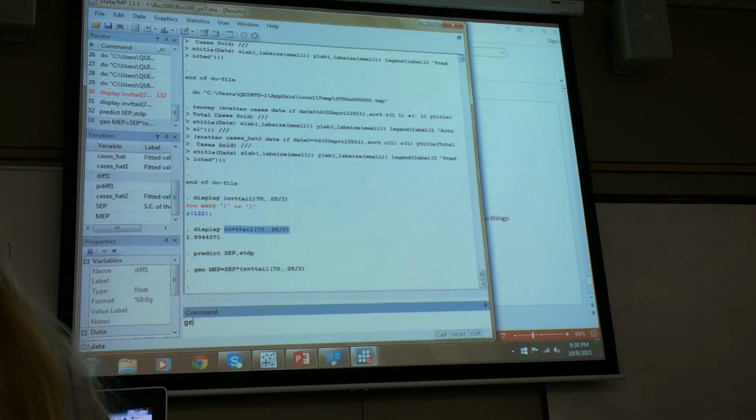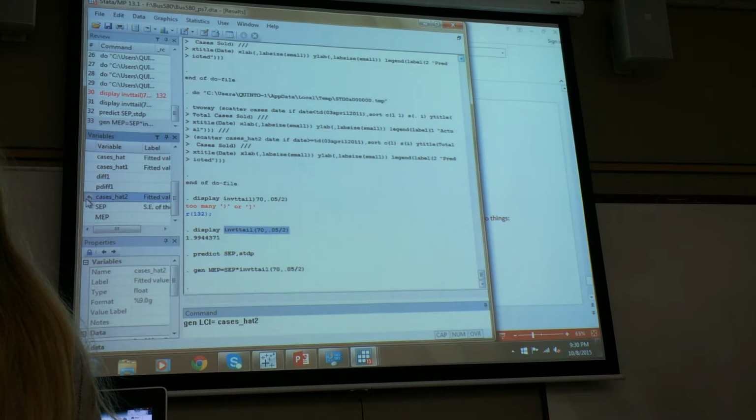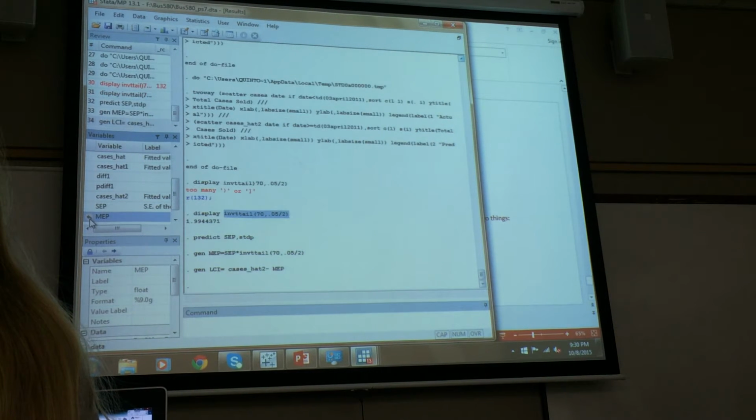All right, so let's generate, let's call it a lower confidence interval, LCI, and it equals our predicted value, which is cases hat 2, minus the margin of error. And then I'm going to generate my upper confidence interval.